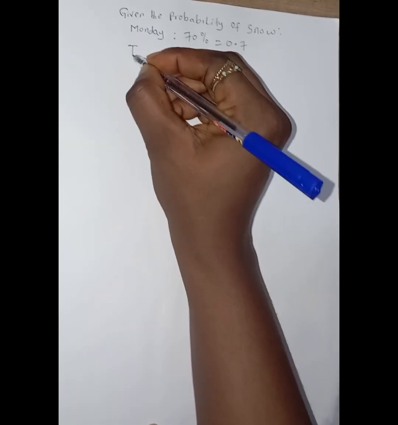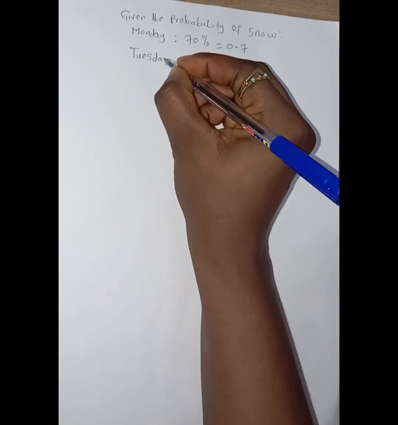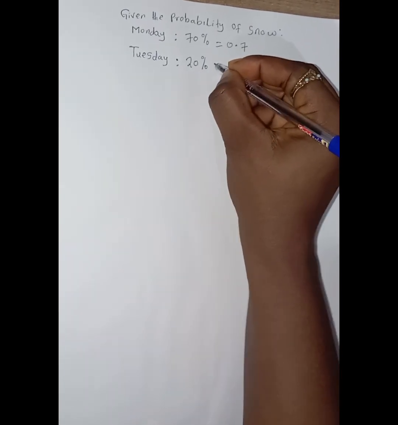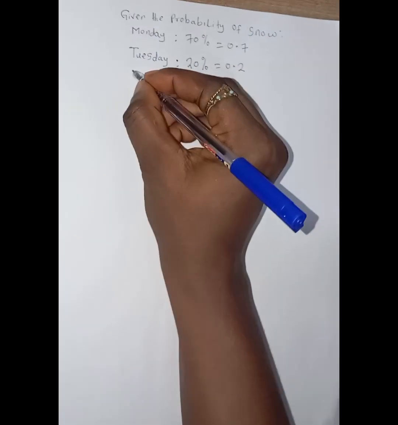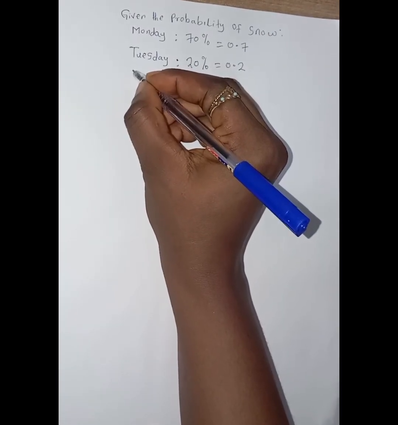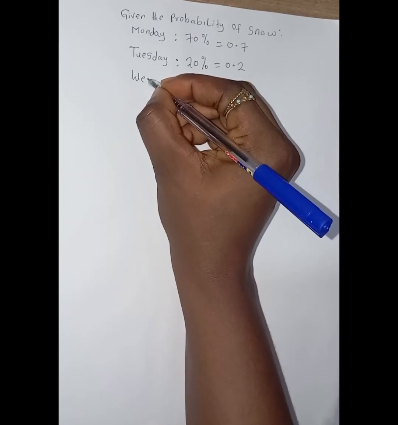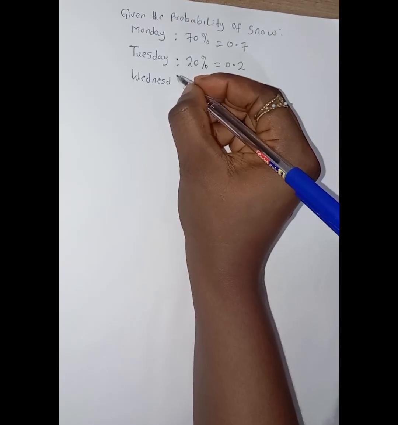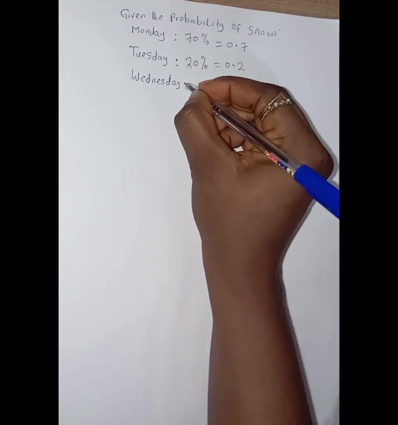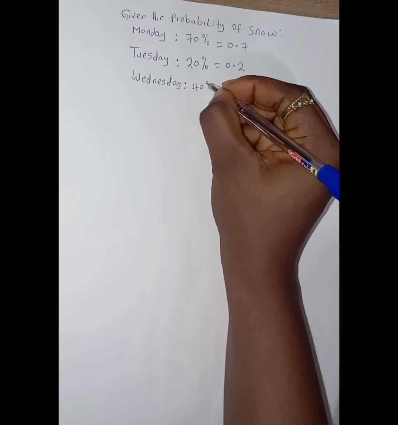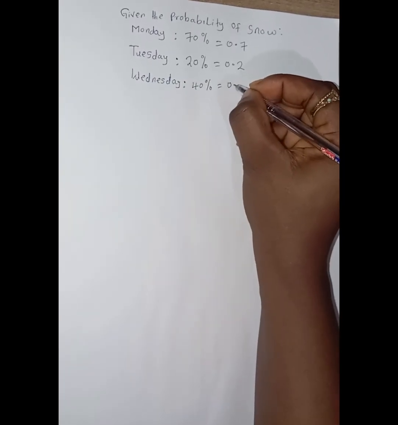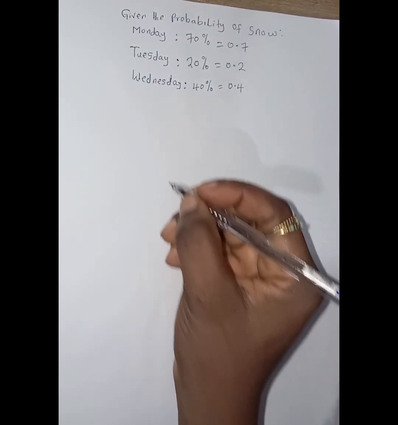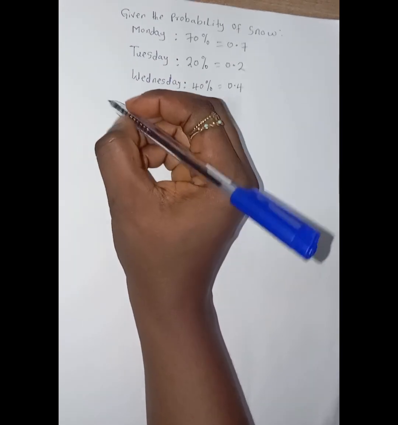The probability of snow for Tuesday is 20% from the question, which is equivalent to 0.2. And the probability of snow for Wednesday is 40%, which is 0.4, right?